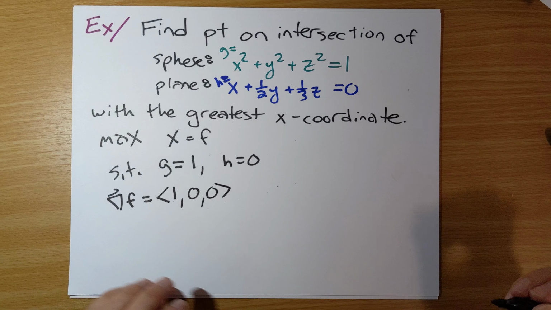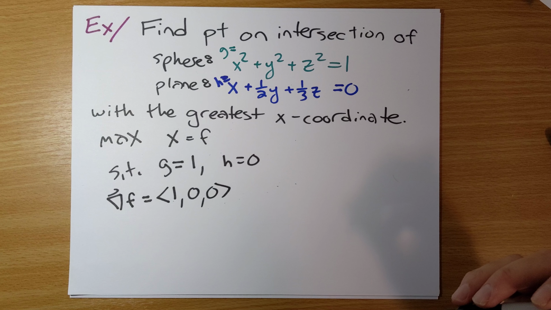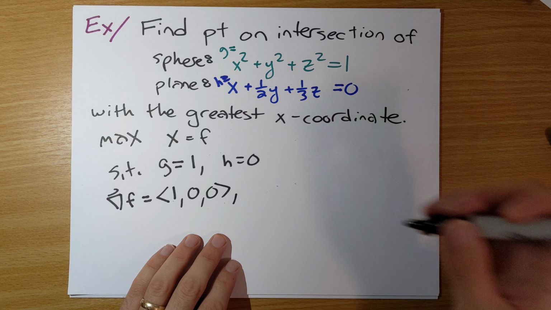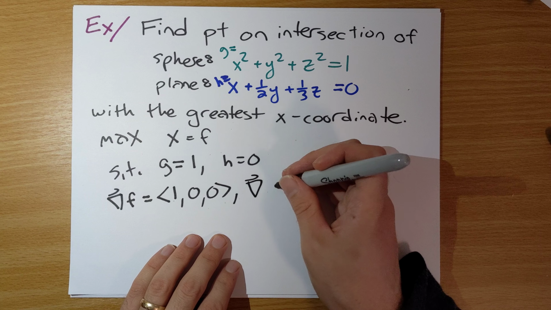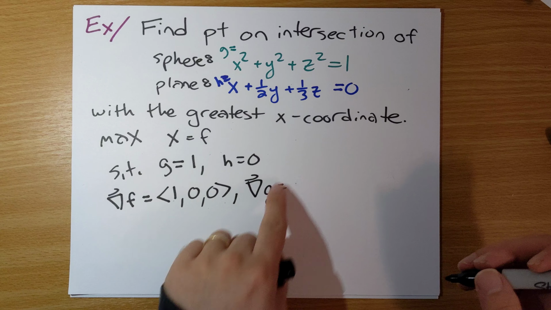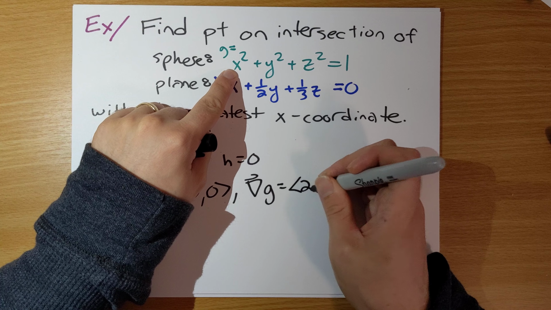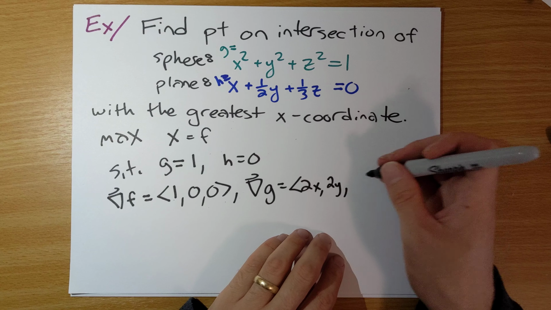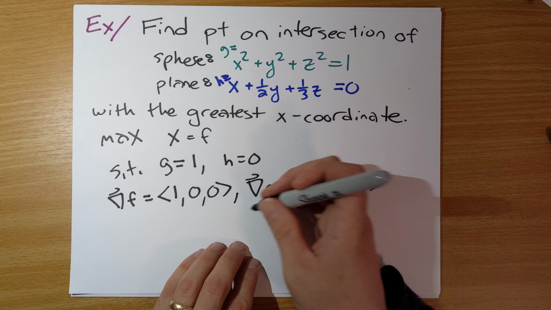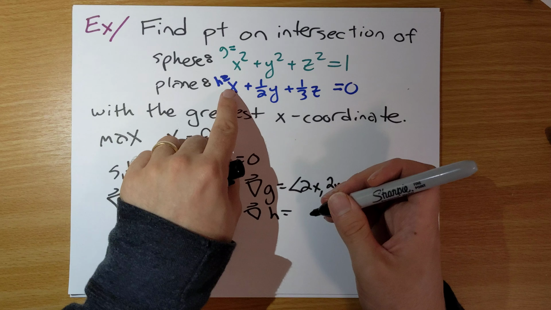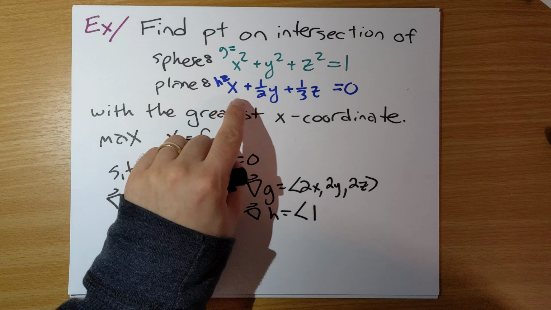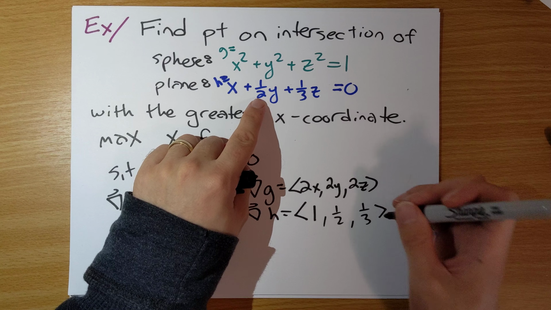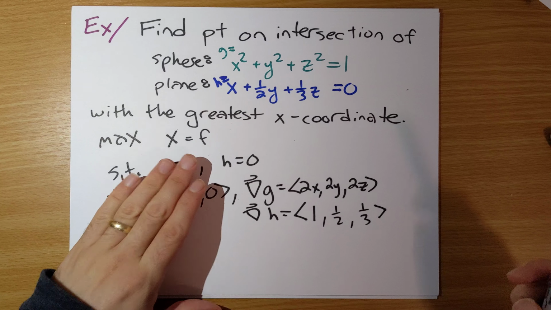And the partial derivatives with respect to y and z are just going to be 0. And then the gradient of g is going to be, so the x derivative here is 2x, the y derivative here is 2y, the z derivative here is 2z. The gradient of h is going to be, the partial derivative with respect to x is 1, then 1/2, then 1/3.